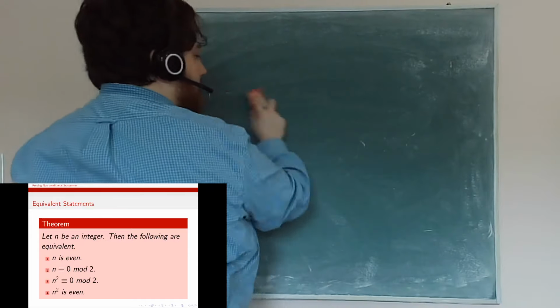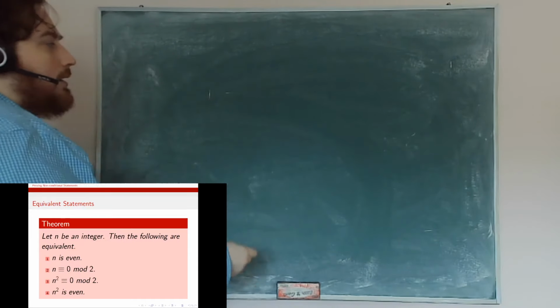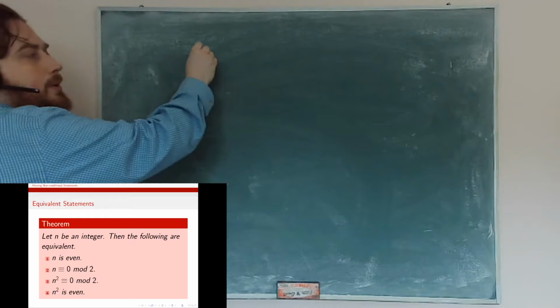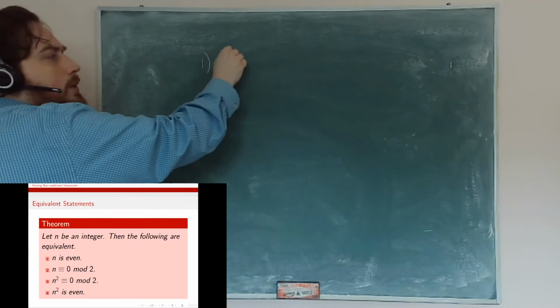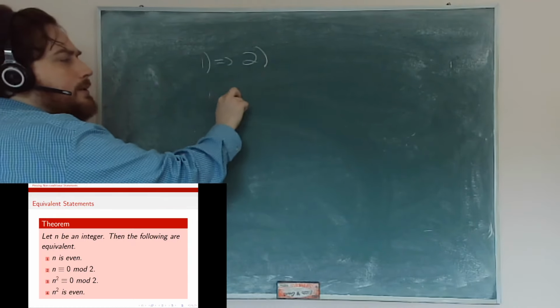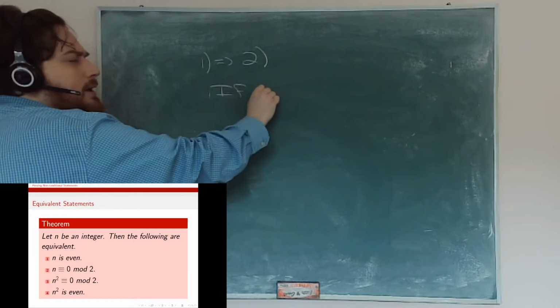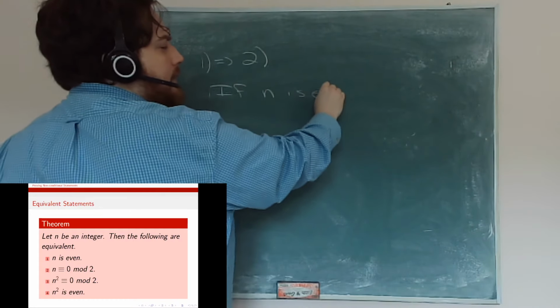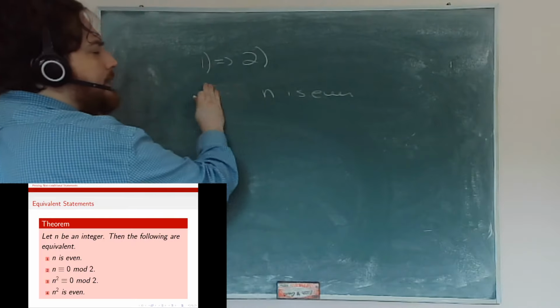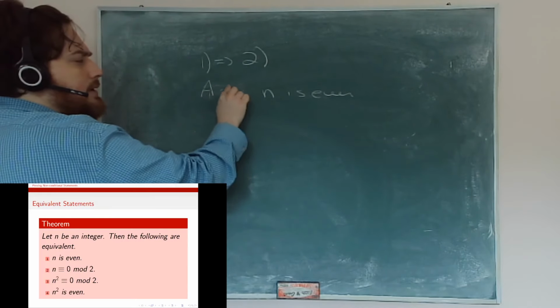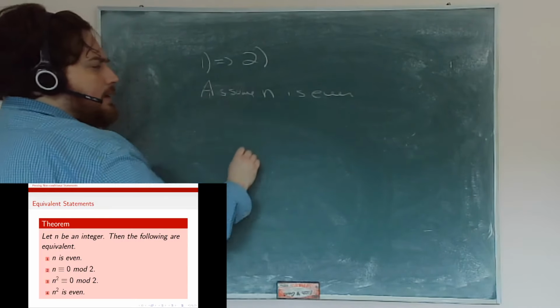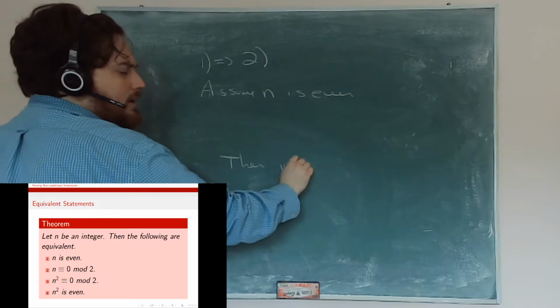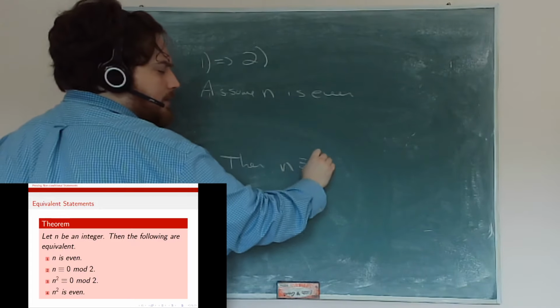All right. With that, if I look at 1 implies 2, what I'm trying to show is that if n is even, so I get to assume n is even, then n is congruent to 0 mod 2.